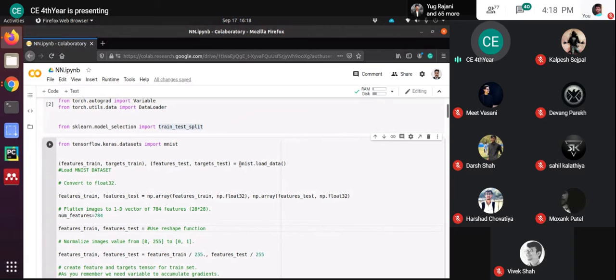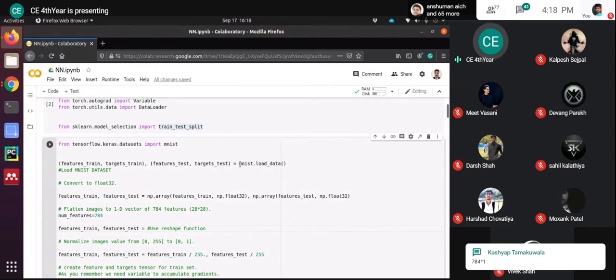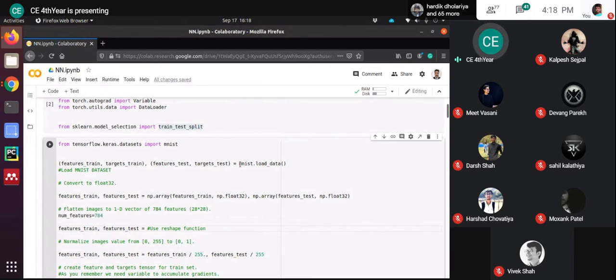But if you recall one of the laboratories where we handled images, what do we generally do with the images? We flatten the image out. That means if we have 28 rows and 28 columns, we consider the first row, that is the first 28 pixels, followed by the second row, followed by the third row, and so on. Likewise we arrange it into one single row, and create one single strip for a particular example.